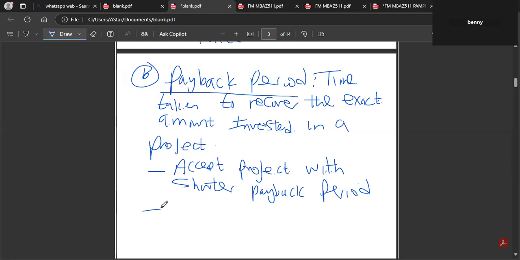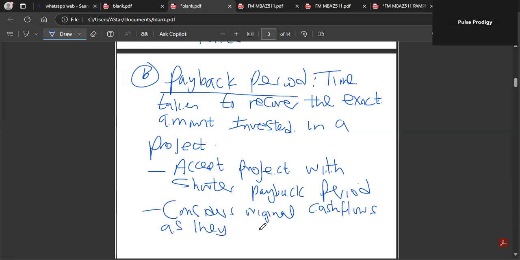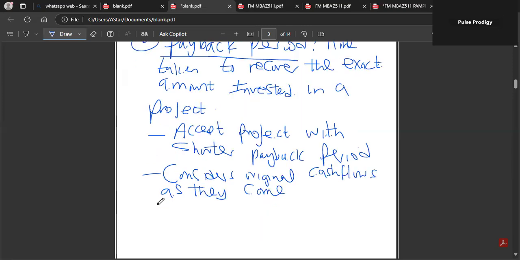One of the weaknesses of this one is that it also considers original cash flows as they come. Of course, this one also does not account for the time value of money.